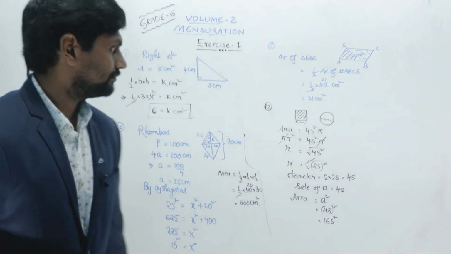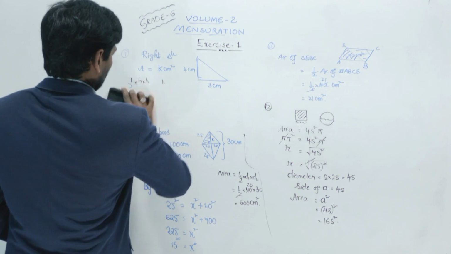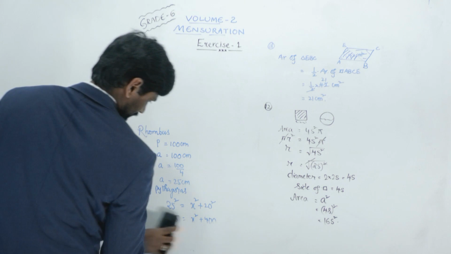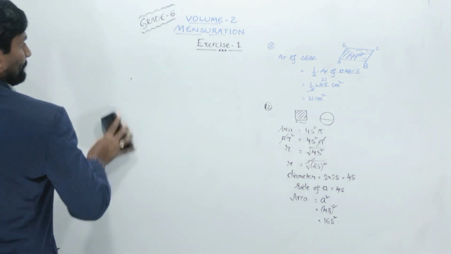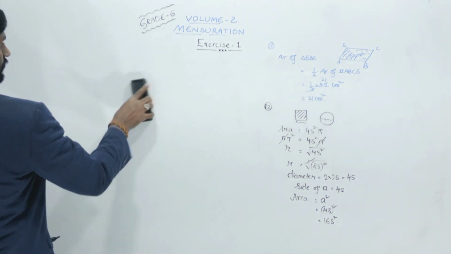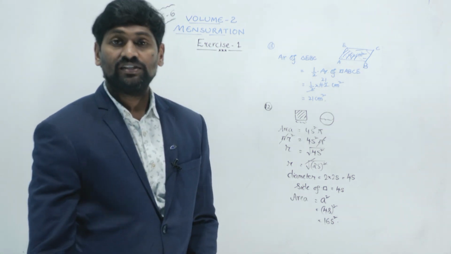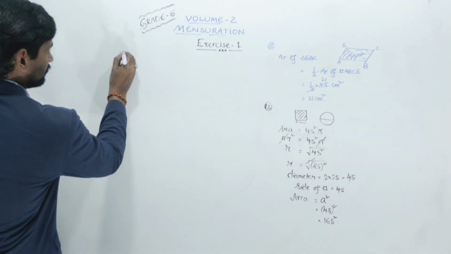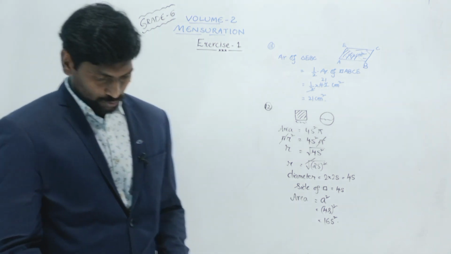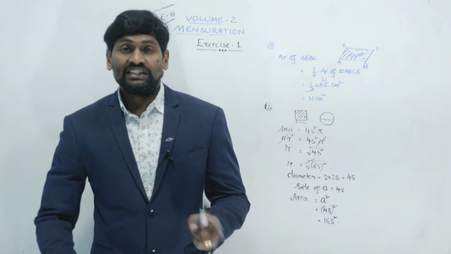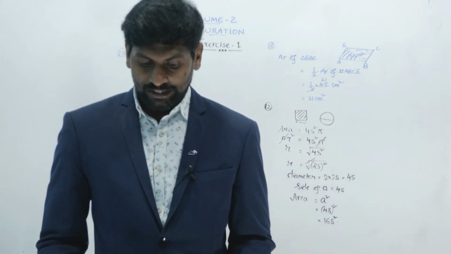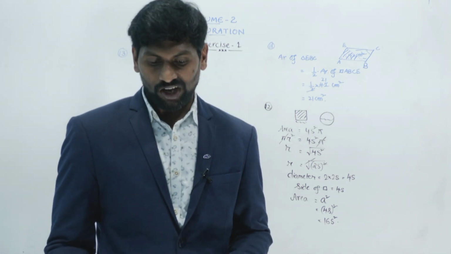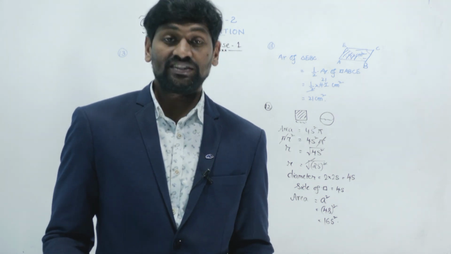The 13th question. The problem number 13 says: the area of the shaded region between a square of side 7 centimeters and the circle touching all the sides of the square is dash.